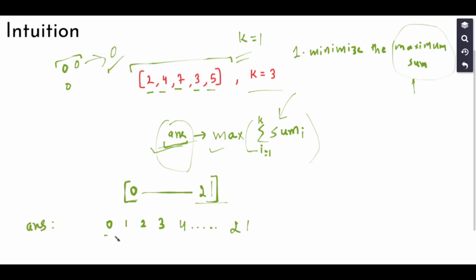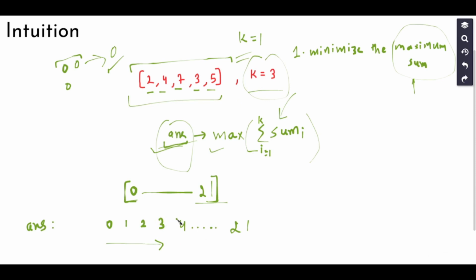Our answer starts from 0, it can go up to 21, and the answer lies in this range only. And we want to find the very first integer from the left side where we can divide the given array into k subarrays, and that integer is the maximum sum.